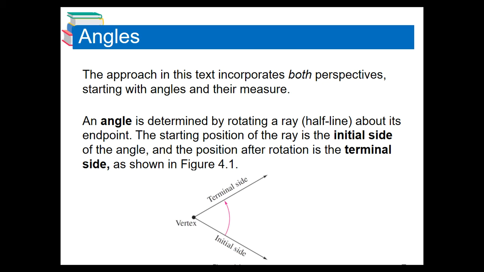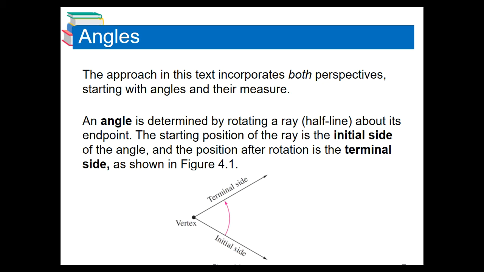An angle is determined by rotating a ray or a half line about its endpoint. The starting position of the ray is the initial side of the angle, and the position after the rotation is the terminal side. So this is one thing that you probably haven't dealt with a whole lot when you're dealing with angles, is one side being the initial side and one side being the terminal side.